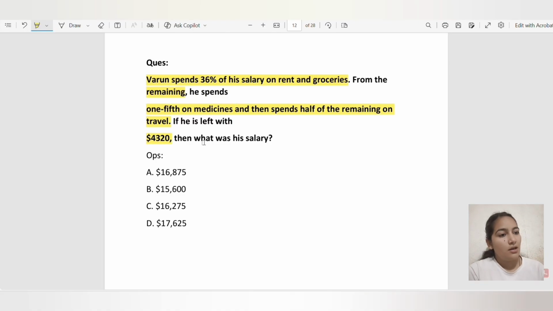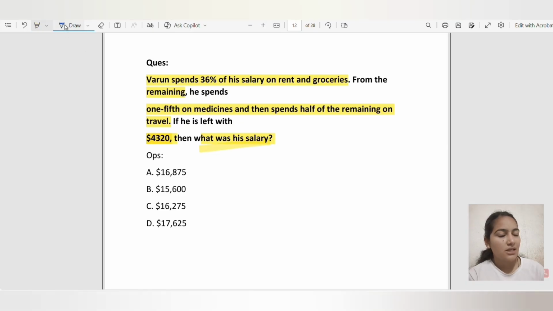So he is left with this amount, but we don't know his total salary. We have to find his total salary. Let's see how to solve this.